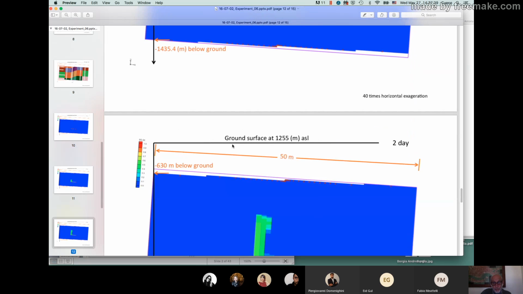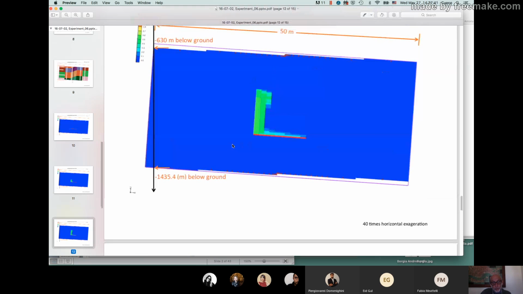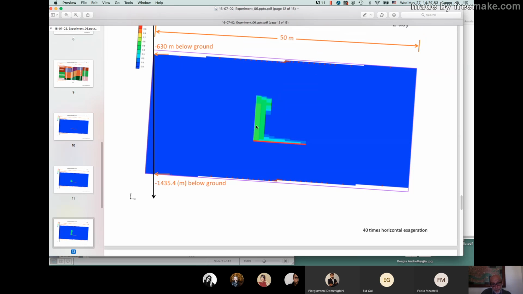So as the plume develops, you can still see that the upper part of the fault becomes saturated with CO2 at about 50 to 60%.